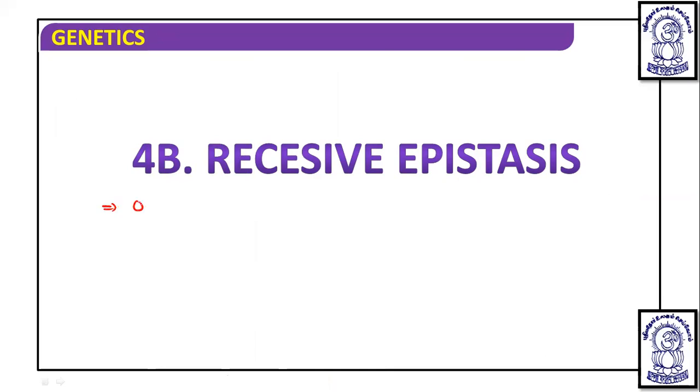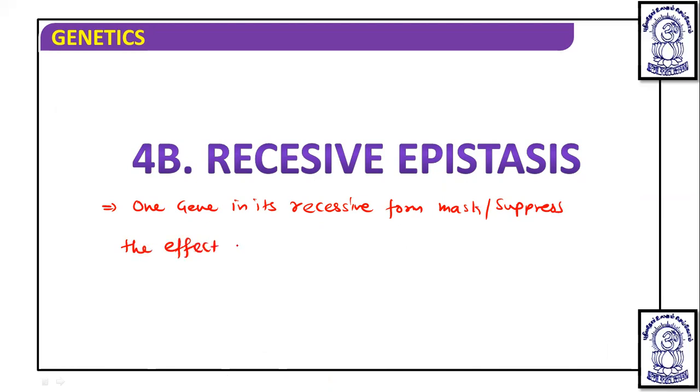So what is it? One gene in its recessive form masks or suppresses the effect of another gene, then it is known as recessive epistasis.